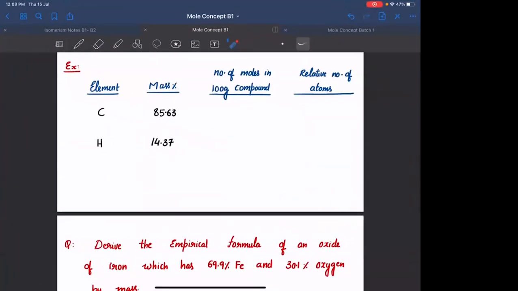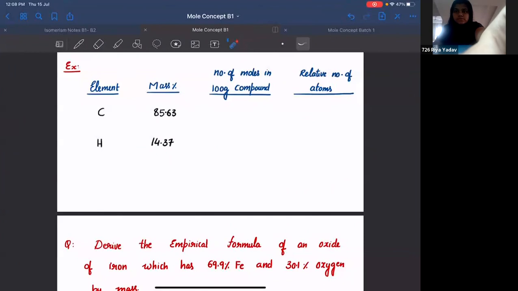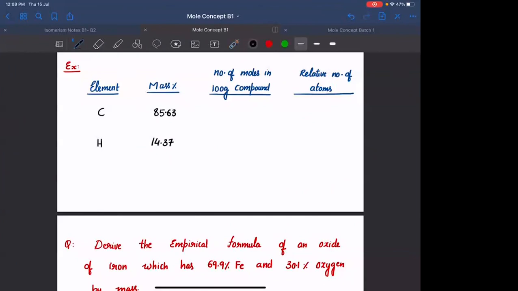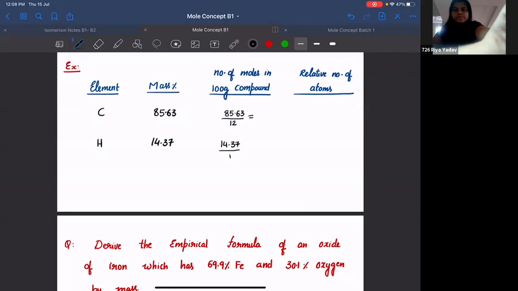What's the answer? Everyone, what's the answer? C1H2. सही है. This is 85.63 upon 12, and 14.37 upon 1. कितना है इसका वैल्यू? 7.13.